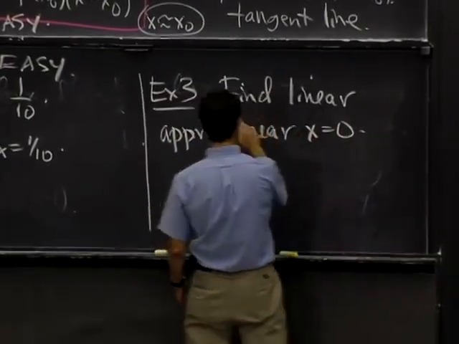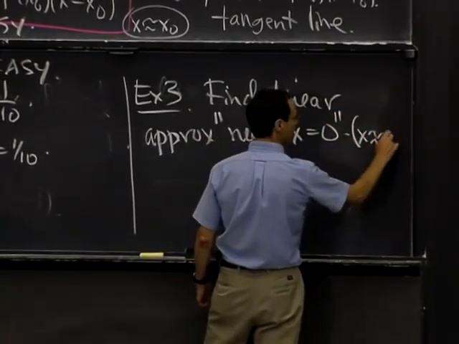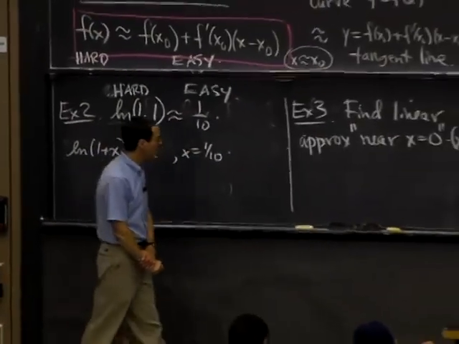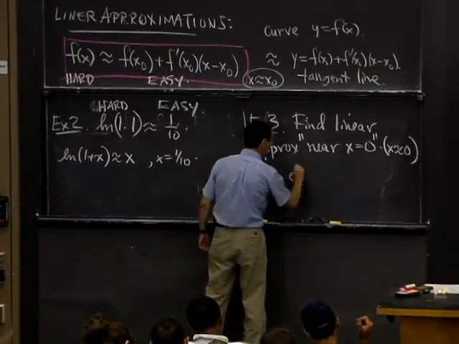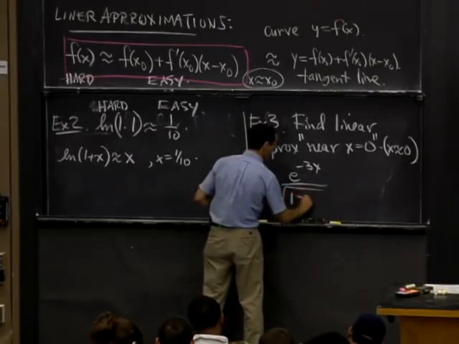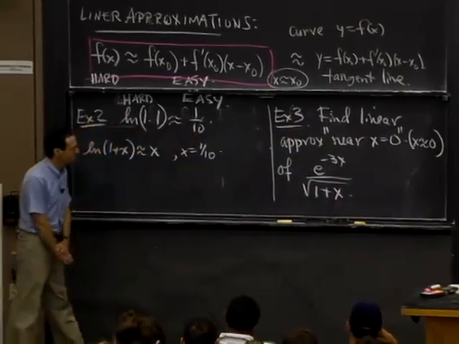When I write near x equals 0, that's the same thing as saying x is approximately 0, of the function e to the minus 3x divided by square root of 1 plus x. All right? So here's a function.